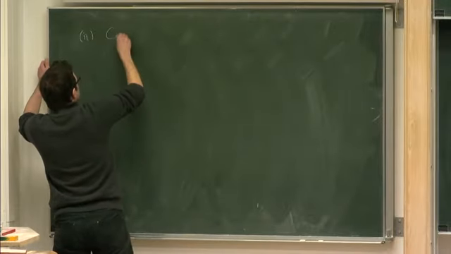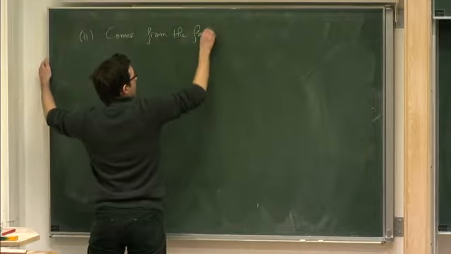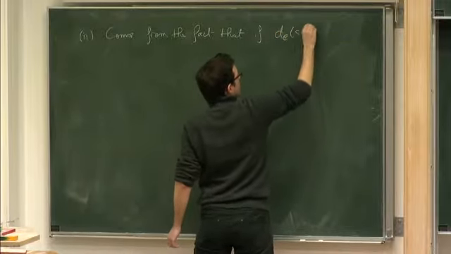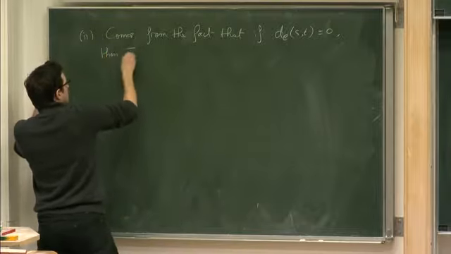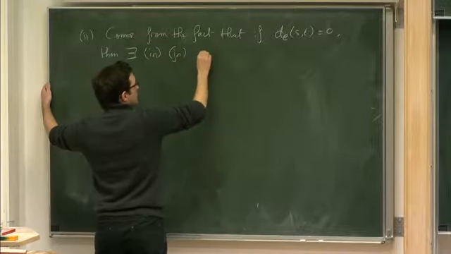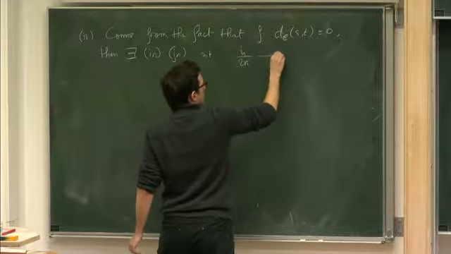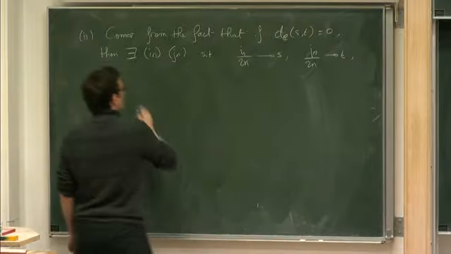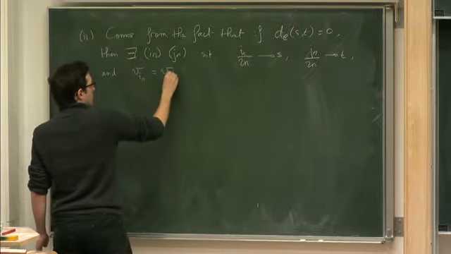This comes also from a limiting argument: if dE of S T is equal to 0, then I claim that there exist sequences In and Jn such that In over 2n converges to S, Jn over 2n converges to T, and V of In is equal to V of Jn.